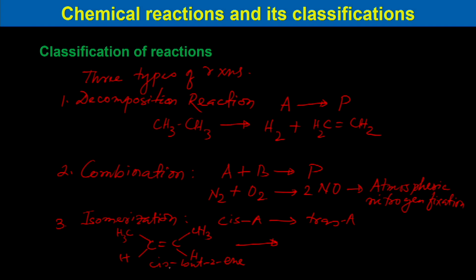So, here this is 1, 2, 3 and 4. This is converted to C double bond C, with CH3, H, H, CH3, so 1, 2, 3, 4.